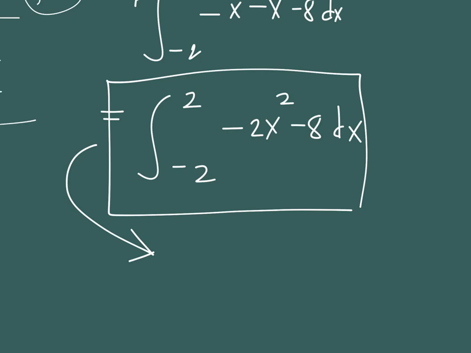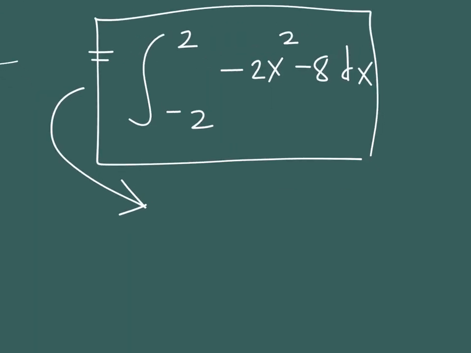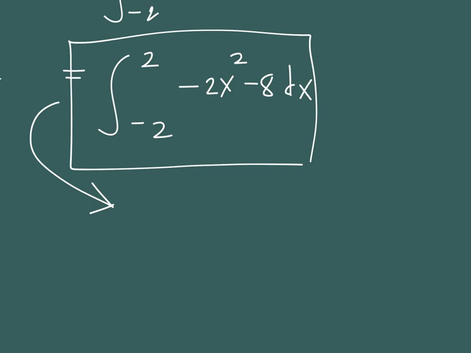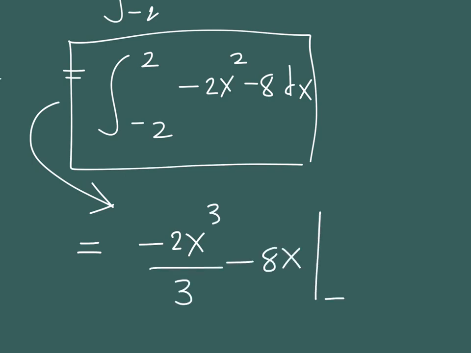Do it now. So we have the integral of negative 2x squared. Again, when we perform the integration, you should be removing the integral sign. So negative 2x raised to 3 divided by 3 minus 8x, evaluated from negative 2 up to 2.